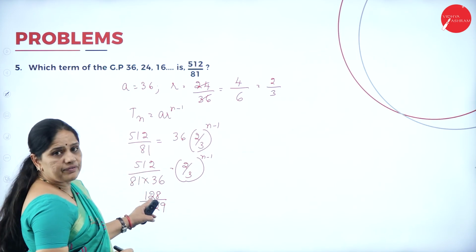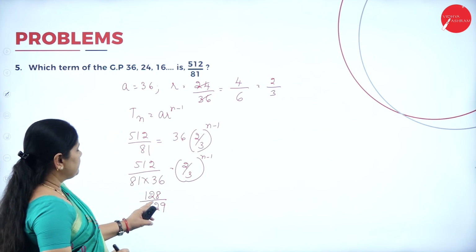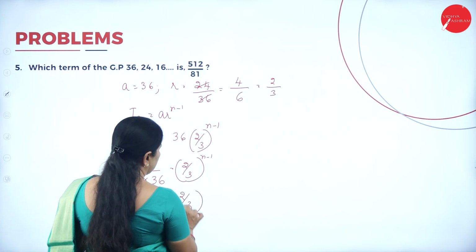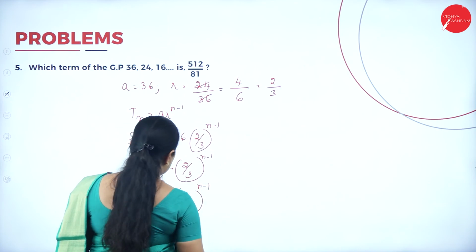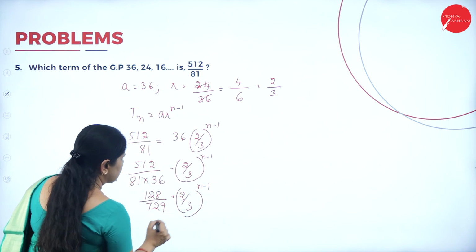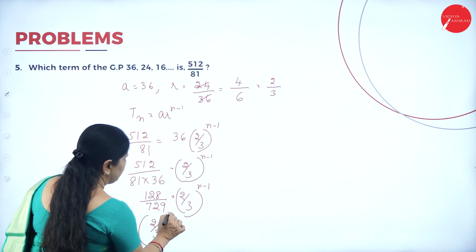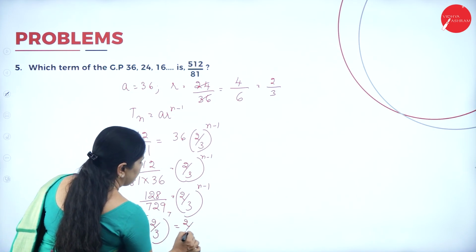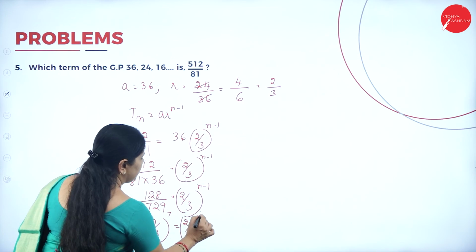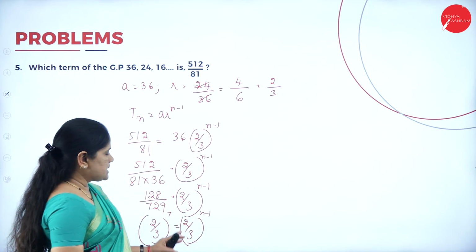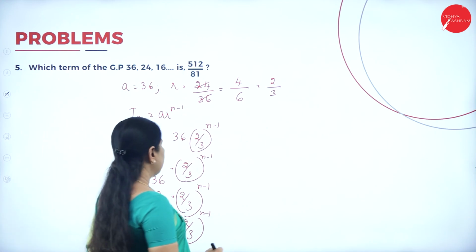So 128 by 729 equals 2 by 3 to the power of n minus 1. When I express it as a power of 2 by 3, it becomes 2 by 3 to the power 7 equals 2 by 3 to the power of n minus 1. So when the bases are same, the powers can be equated.